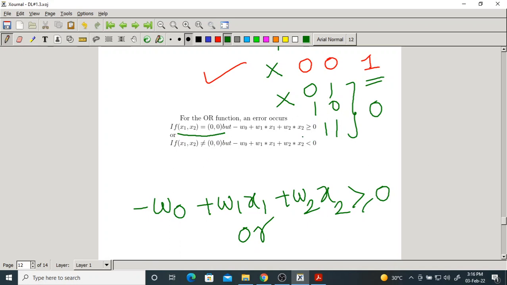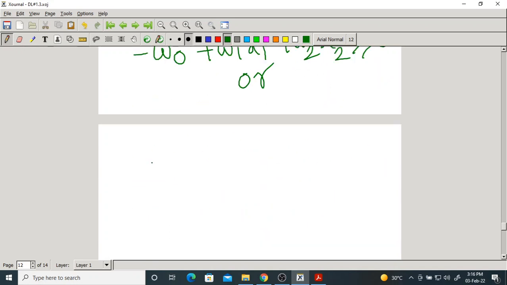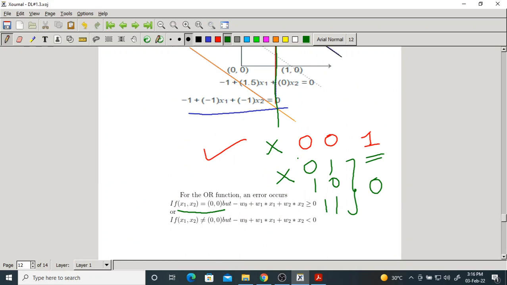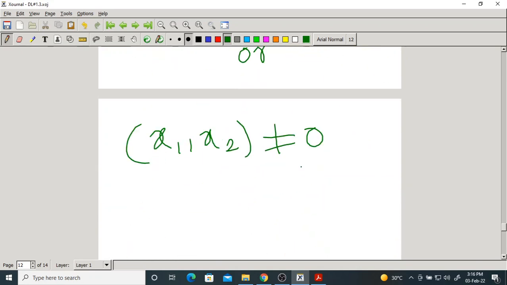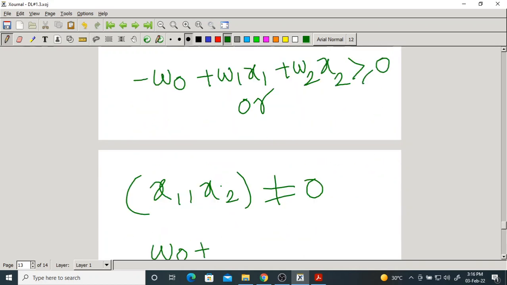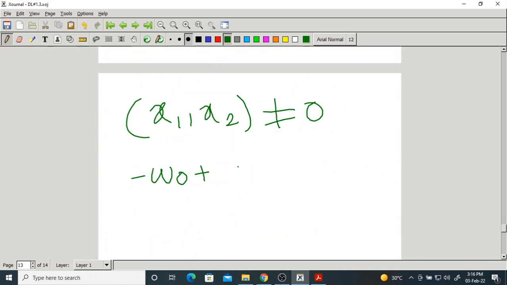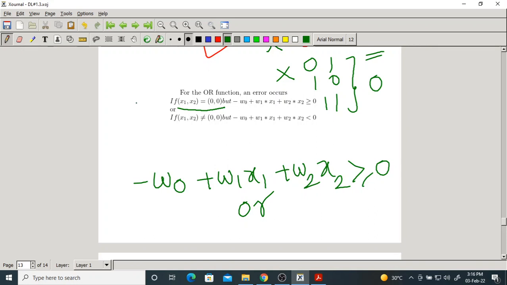Here both are not equal to 0, which means they can be 0, 1, or 1, 0, or 1, 1. Any one of the 3 cases. And in this case the output is 0. When the output is 0, W0 plus W1 x1 plus W2 x2 is less than 0. So this is the condition for getting an error in case of the OR function.